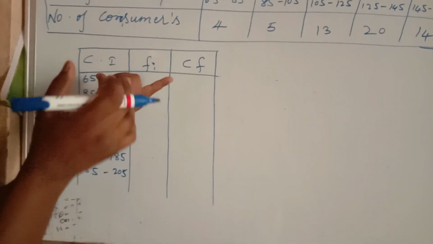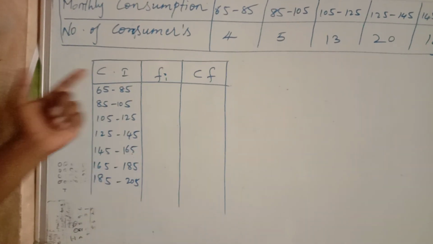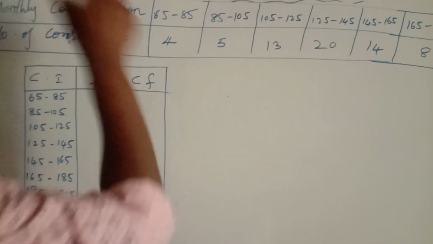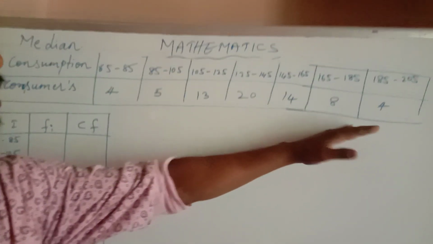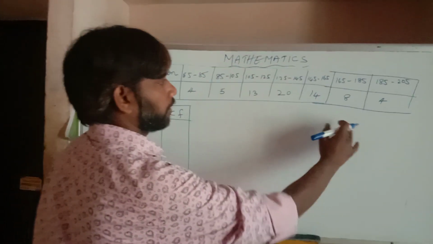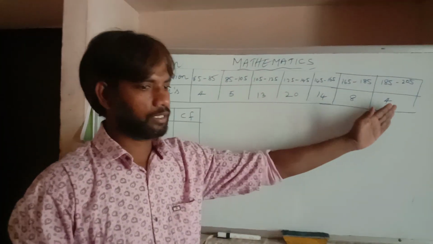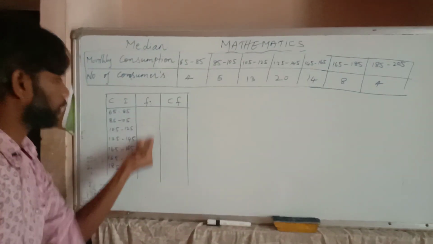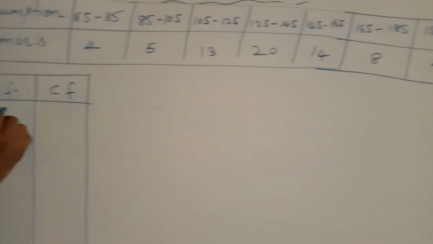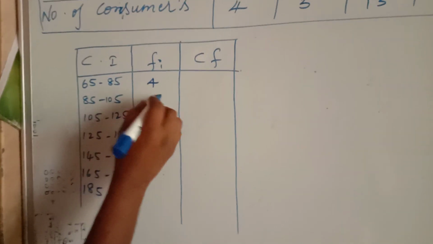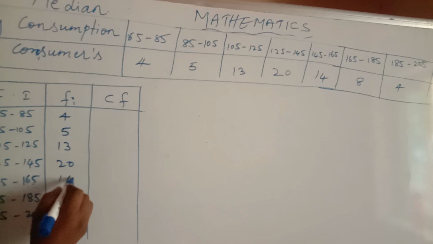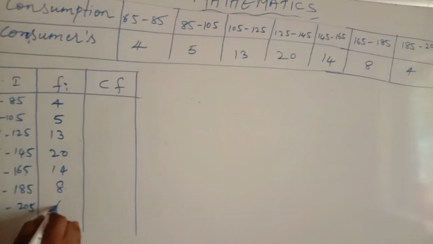Before making the table, for the number of consumers, that is the frequencies, for the median you must check whether the second column values are in jumble or in order. If they are in jumble, you can directly take the values as frequencies: 4, 5, 13, 20, 14, 8 and 4.